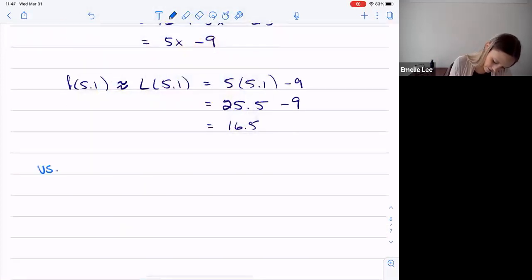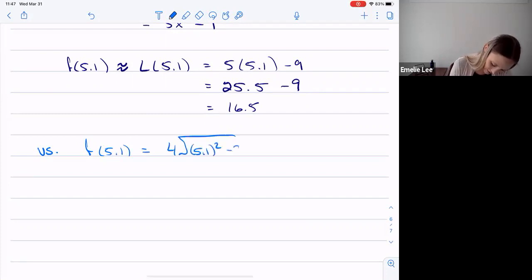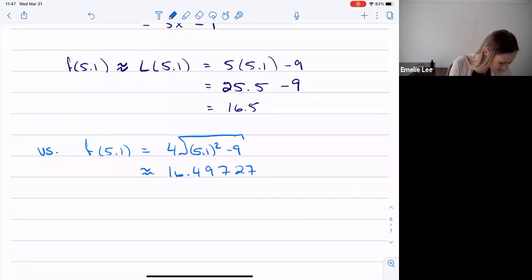As a side note, versus f of 5.1, which is actually equal to 4 times the root of 5.1 squared minus 9, which is roughly 16.4972725.